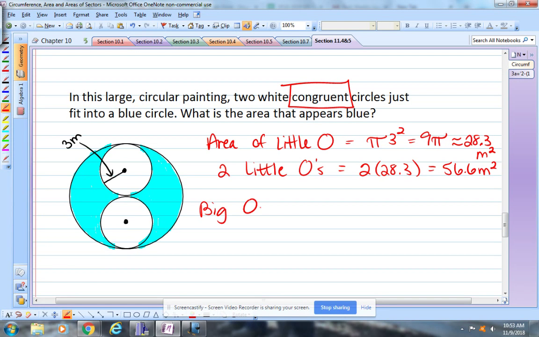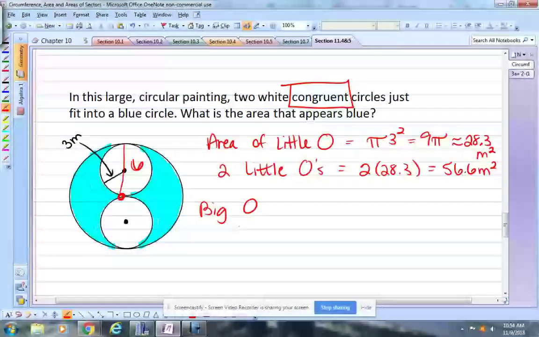What's the radius of that big circle? Right. Because the radius of the little circles is 3, so from here to here is 3, and from here to here is 3. These circles are meeting in the center, so 3 and 3 is 6.